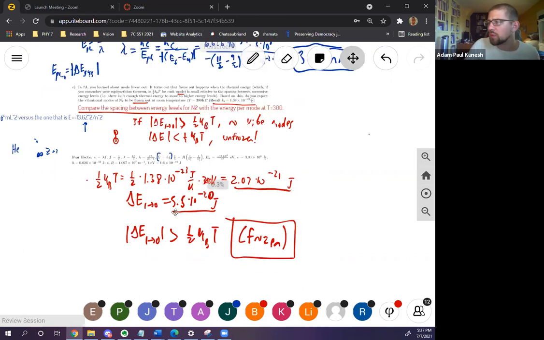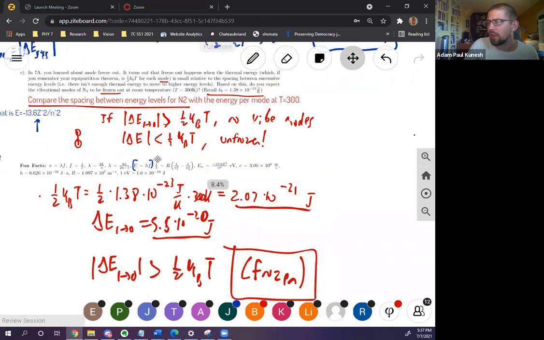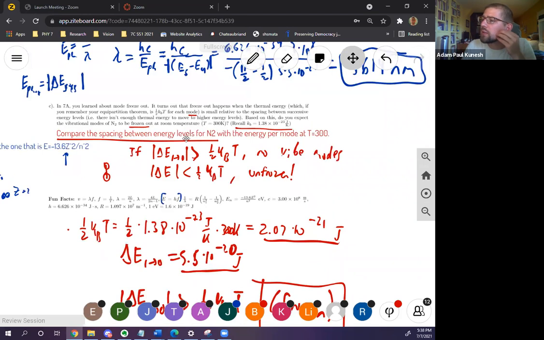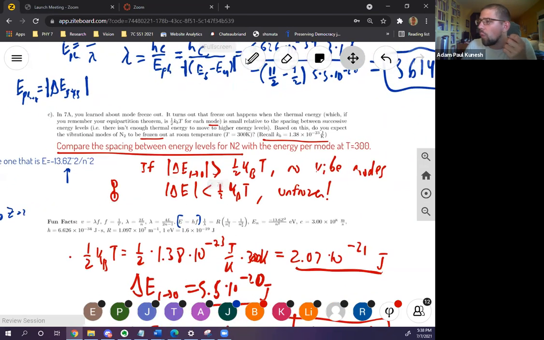I think this is probably the furthest removed from DL, or DL might have touched something like this briefly, but only for a moment. So again, broad strokes for C. What is the relative size of the available thermal energy per mode, 1/2 kBT, compared with the energy required to jump up an energy level?